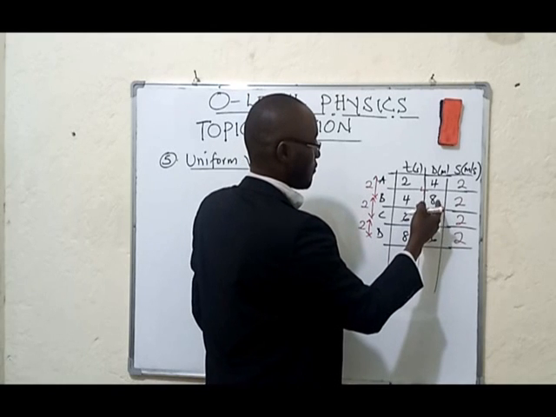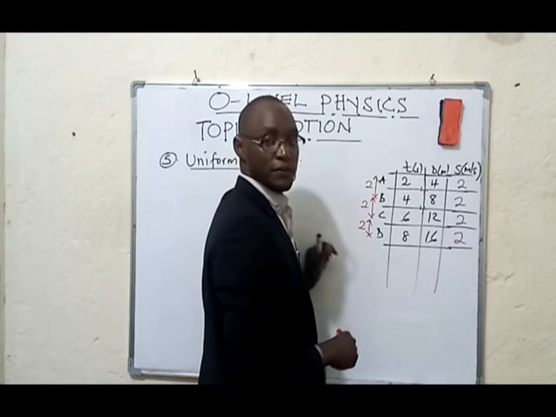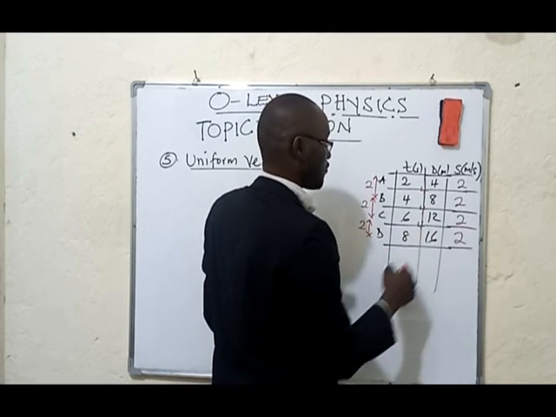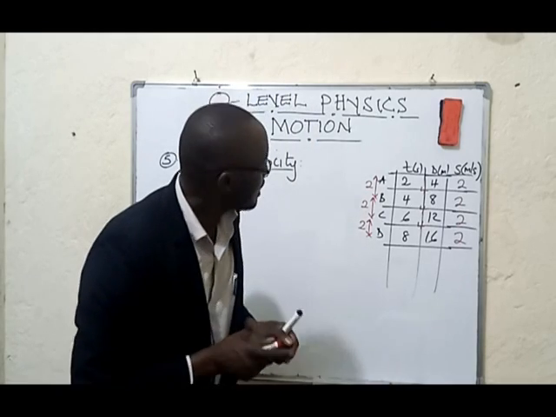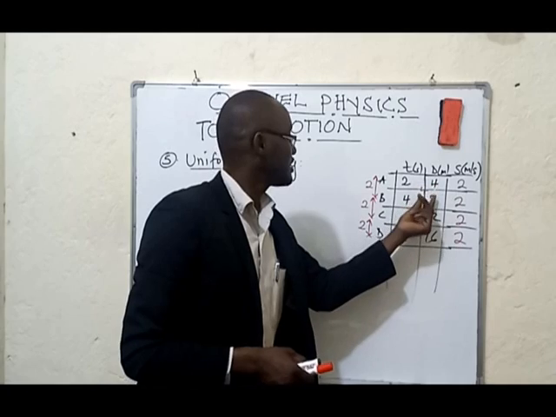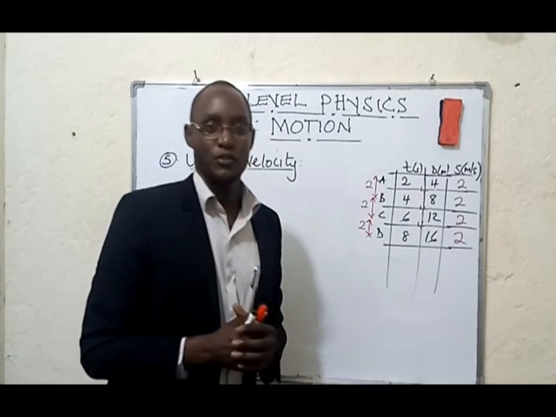Then from 8 to 12, that is B to C, there is also a change of 4. From C to D, that is 12 to 16, there is a change of 4. So a body's displacement is changing by equal magnitude in equal time intervals.